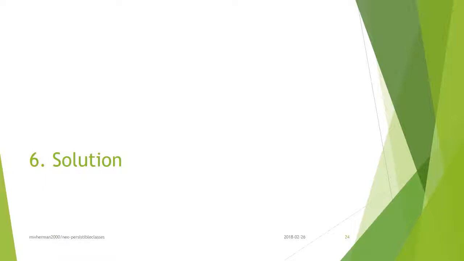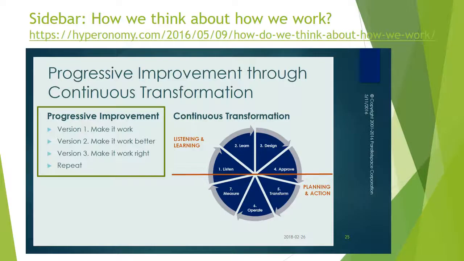Okay, moving on to the next major section, which is the solution. Here we're going to actually look at the implementation of the C# NPC framework. Another sidebar. This is the very first version of the Neo Persistable class framework, and I've got a very specific approach I use for these kinds of new projects.